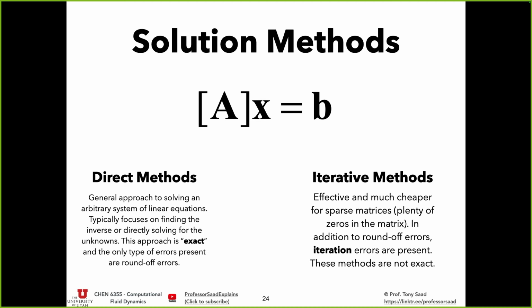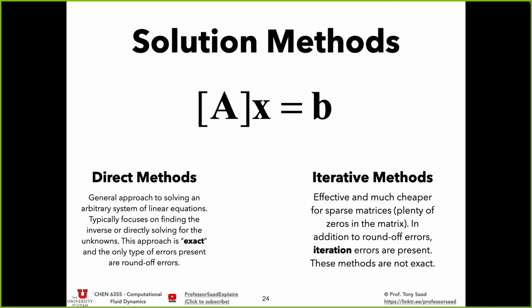Iterative methods, on the other hand, are effective and much cheaper for sparse matrices, for matrices that have mostly zeros in them. And we like to use them because although they don't give us an exact answer, that's fine because we already are in the world of approximation. It's like the comment I made last time. You're solving the non-divergence free problem very accurately, and so what's the point?